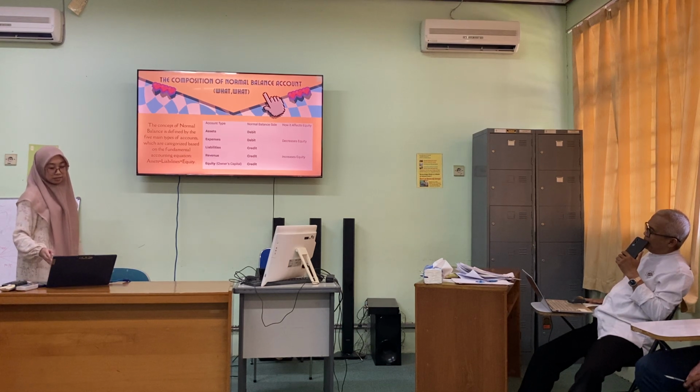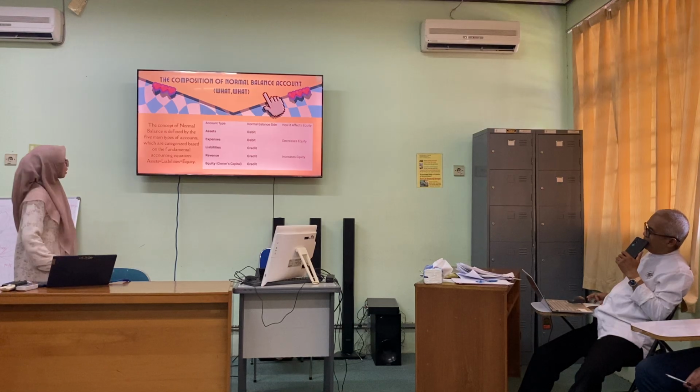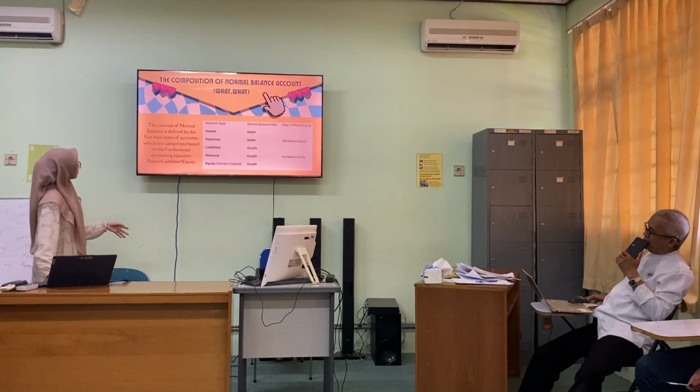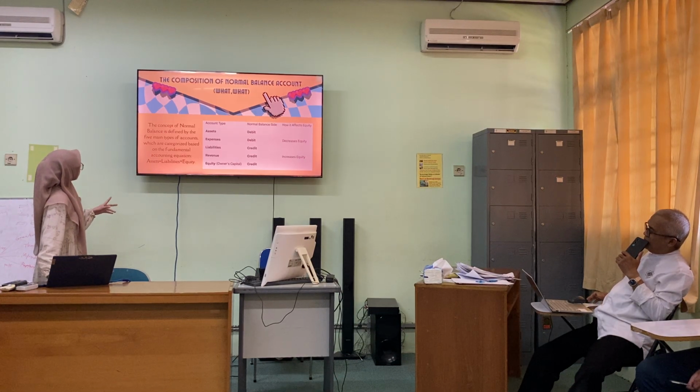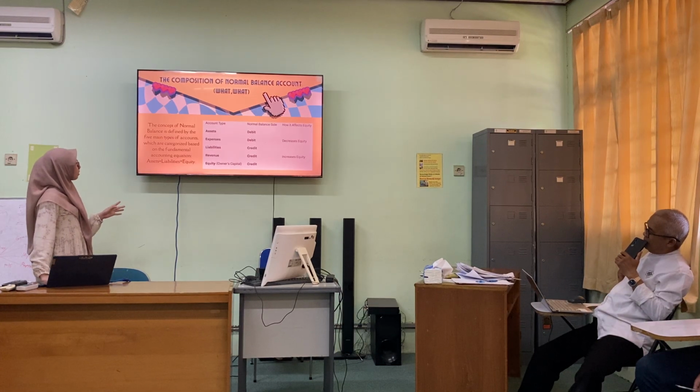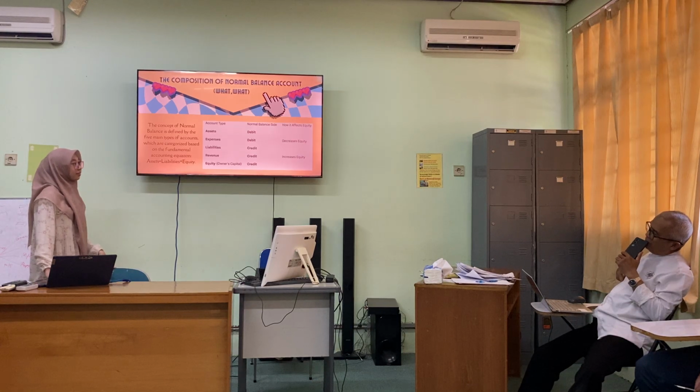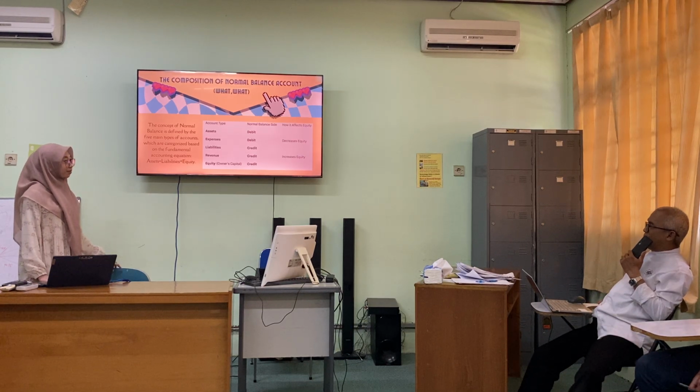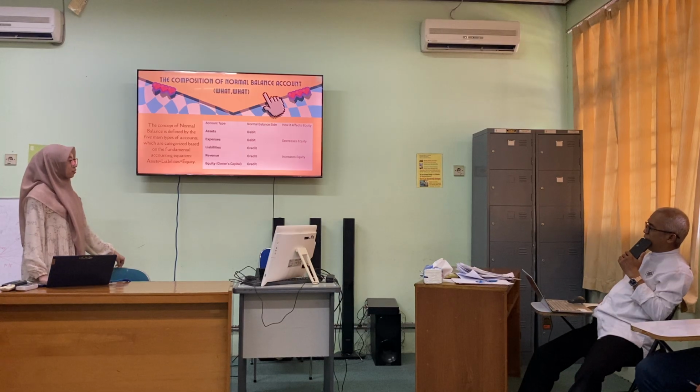The normal balance side for asset and expense is debit. It means it increases for assets and expense, and it's different for liabilities and revenue, because the normal balance side is credit. Yeah, that's all.